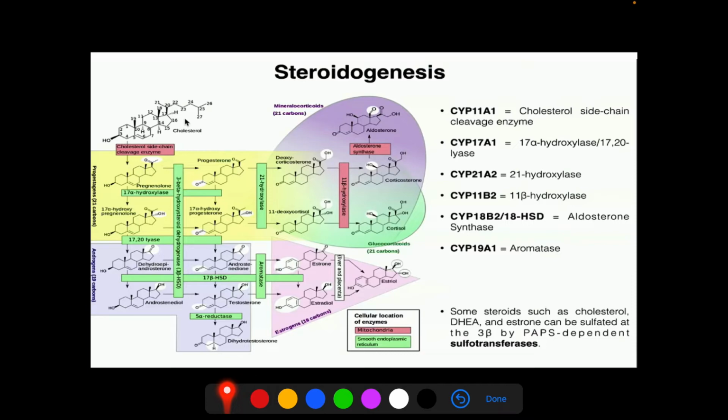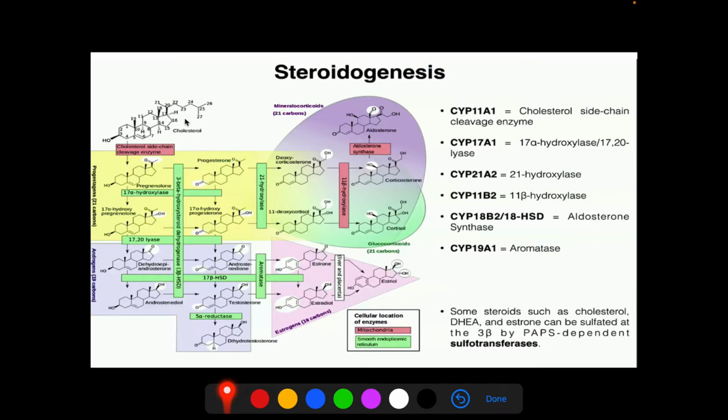Aside from the color coding of the different hormones, the enzymes are also categorized in different cellular compartments based on their color. The color red, there are 3 of them, those are mitochondrial enzymes. And the green ones here, most of them are green, are microsomal enzymes, meaning they are embedded in the membrane of the smooth endoplasmic reticulum.